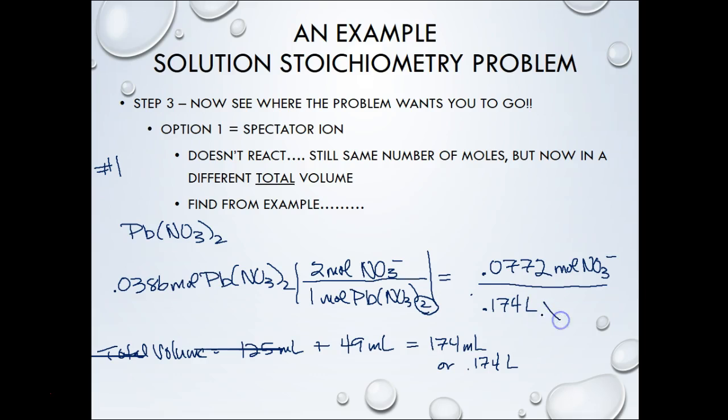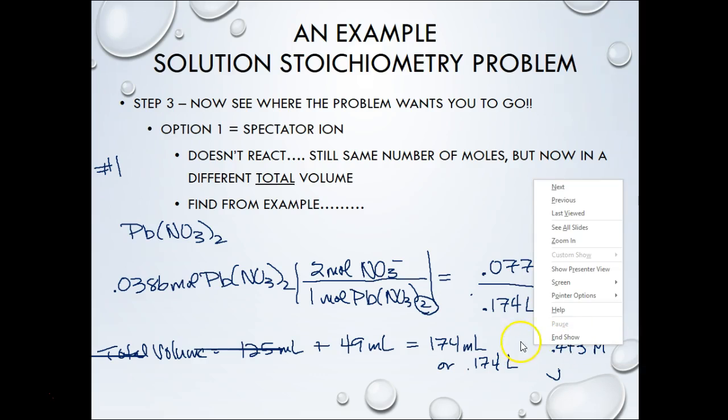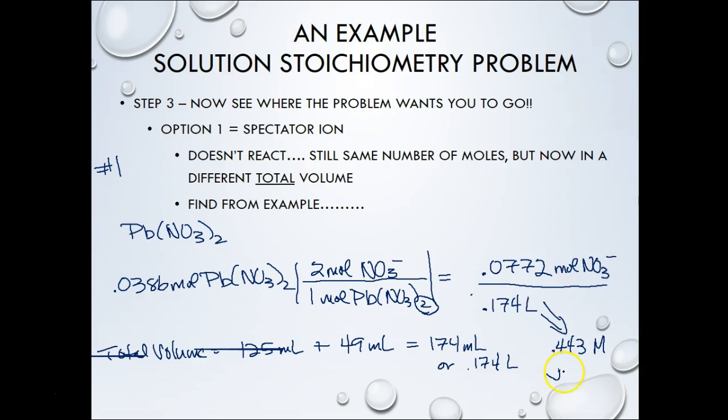And what I get for my answer when I am done is that we have 0.443 molar NO3 minus. So that's the answer for problem number 1. And all we had to do was take the number of moles of the substance that had the NO3 in it and figure that out.